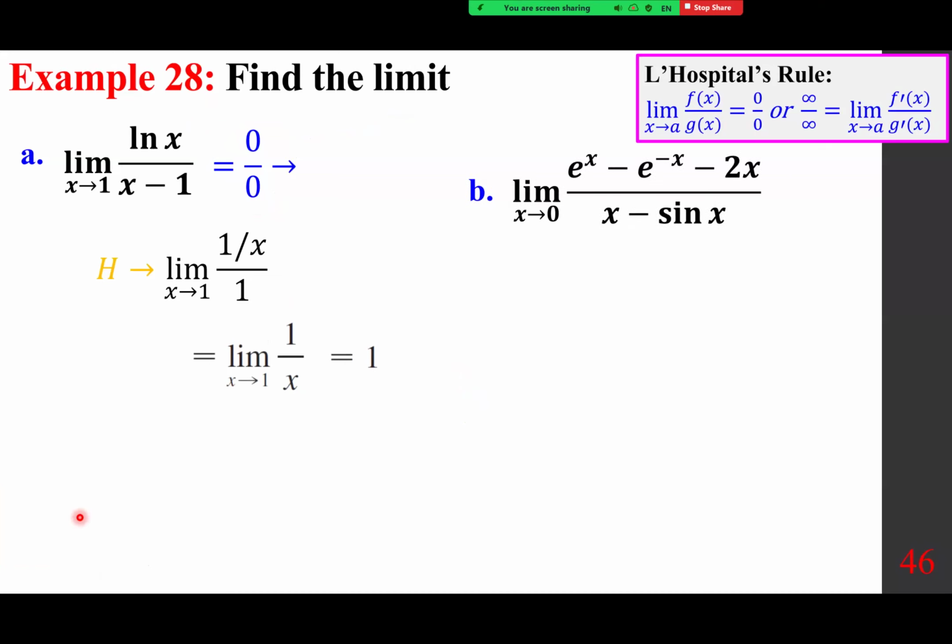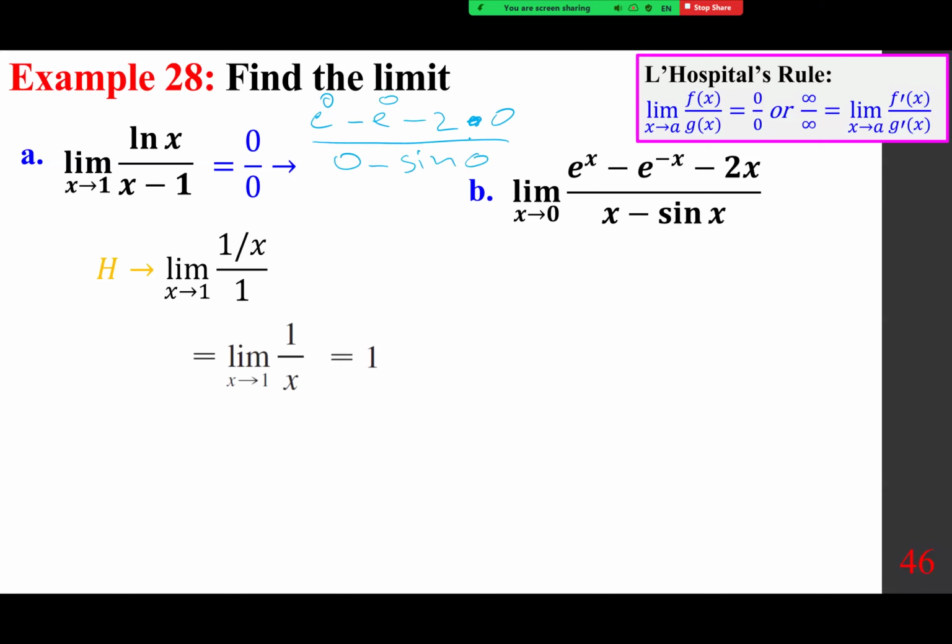This one, what's the answer? First, let me plug in and observe. So if I plug in, I get e to the power of 0 minus e to the power of minus 0, which is the same thing, minus 2 times 0, over 0 minus sine 0.